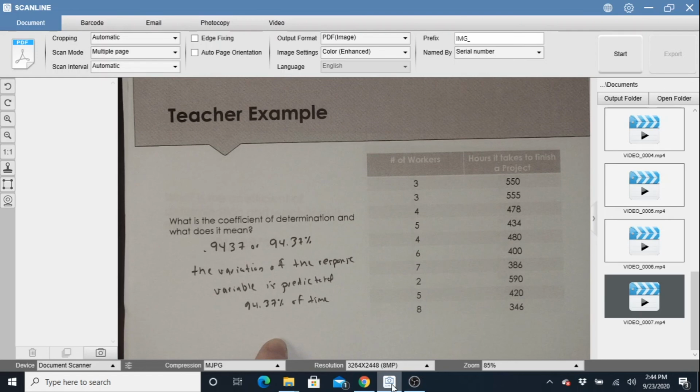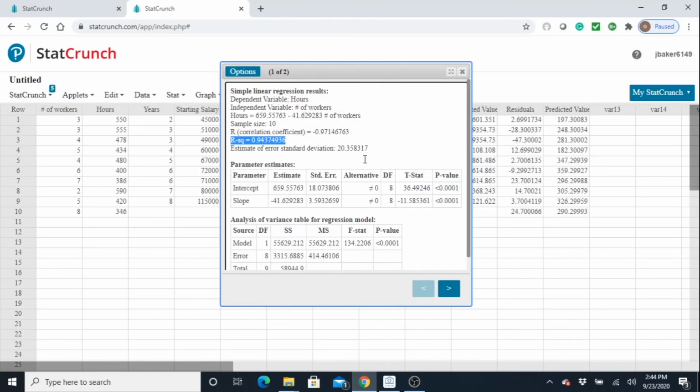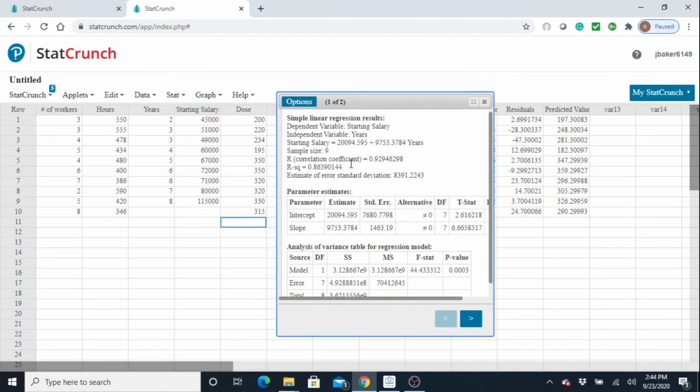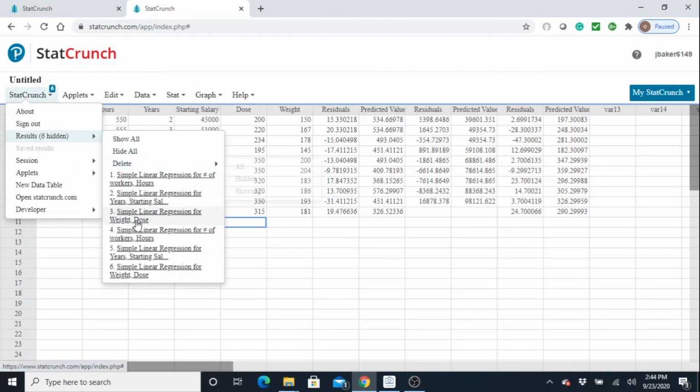What about the other ones? Well, if I look at the other ones again, then for this one, our second set, we got 0.8639, which is 86.39%, and for our last one, we got 0.9323, which is different than the last one, right?